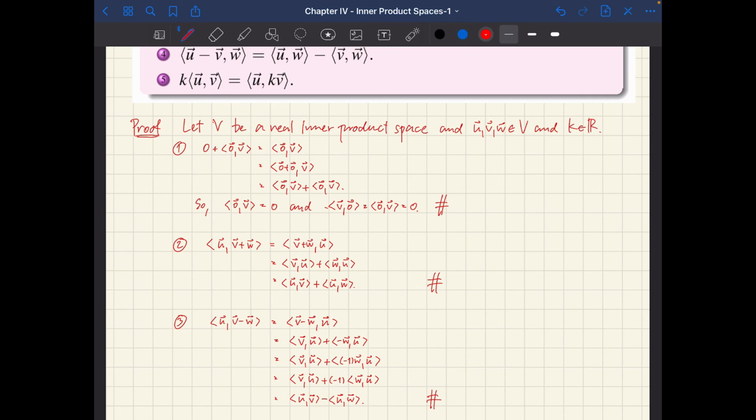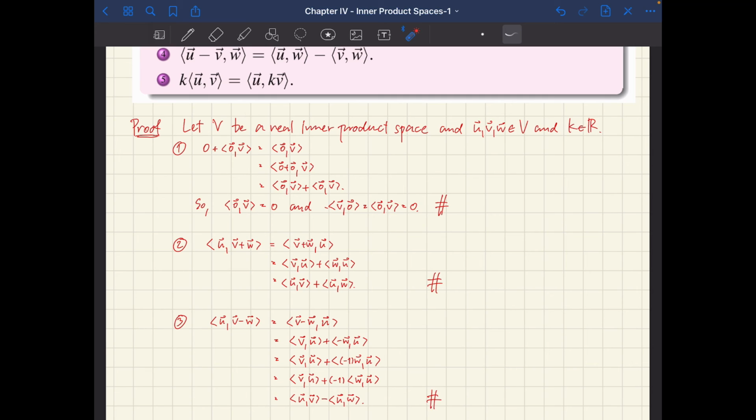We know that the inner product is a real number, right? So we can write the inner product of 0 and v as the inner product of 0 and v plus the inner product of 0 and v, right? Because the 0 vector is equal to 0 plus 0, I mean a 0 vector plus a 0 vector.